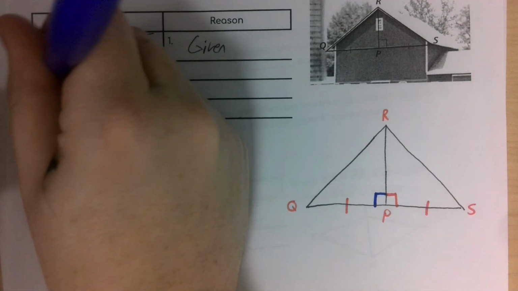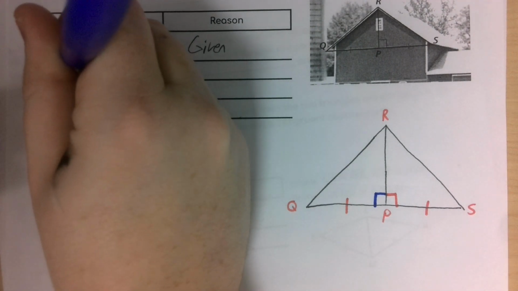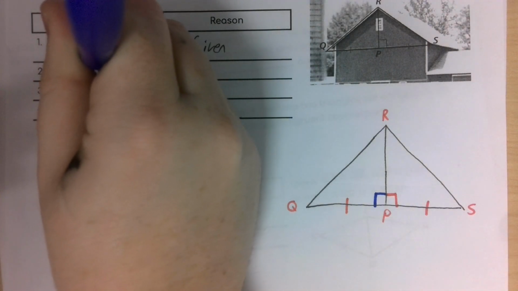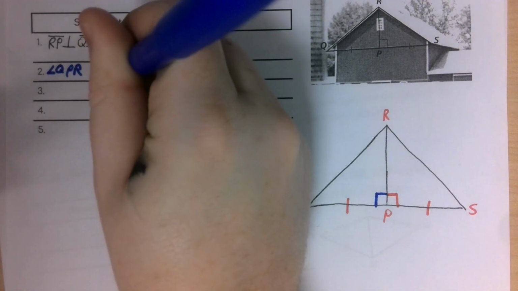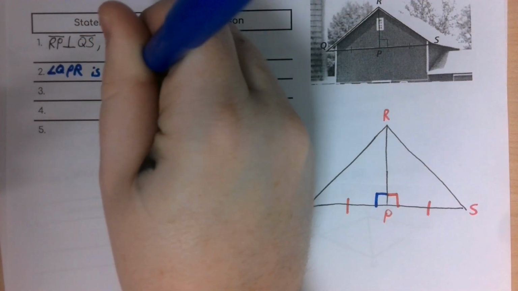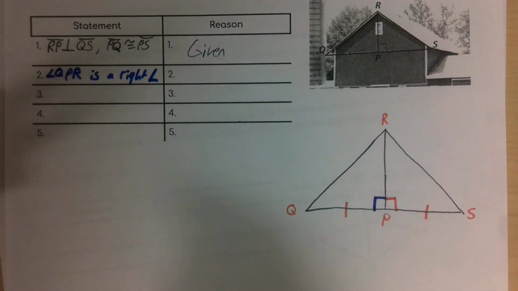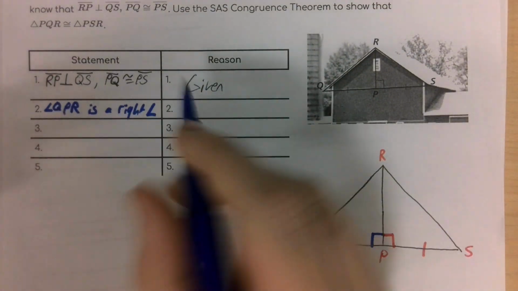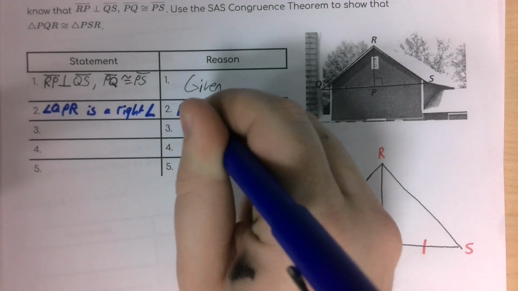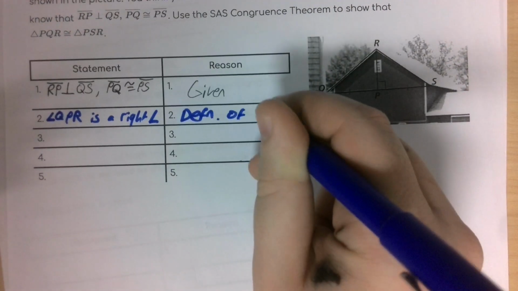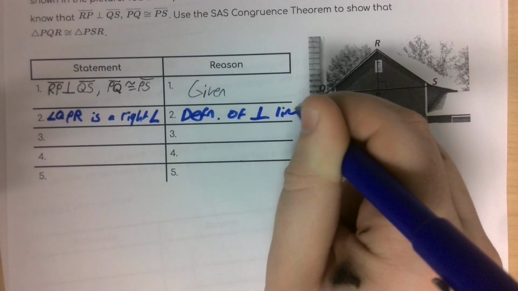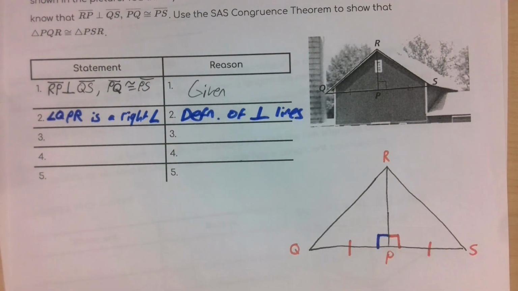We can say that angle QPR is a right angle. And it's because these two lines are perpendicular. So we can say by the definition of perpendicular lines, these two are right angles.